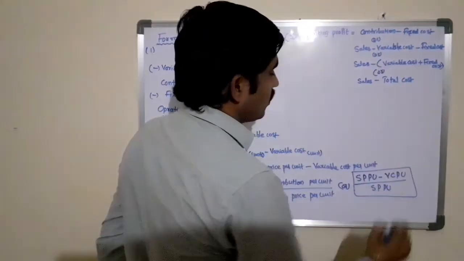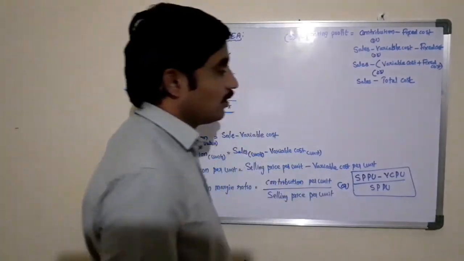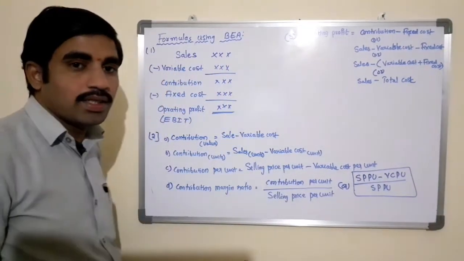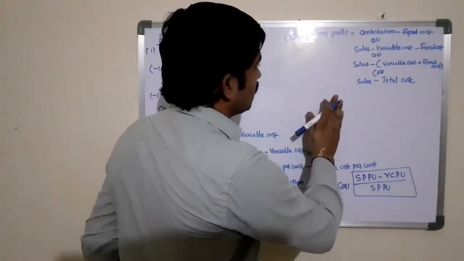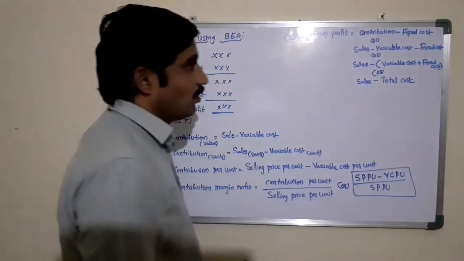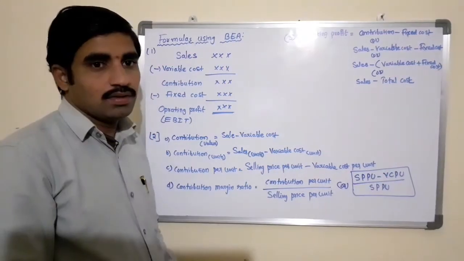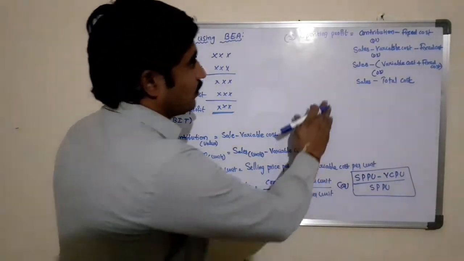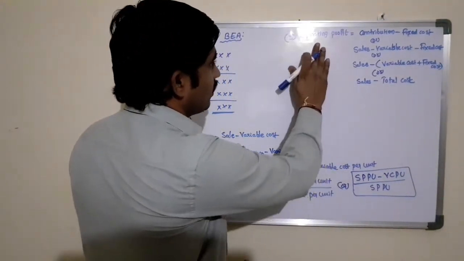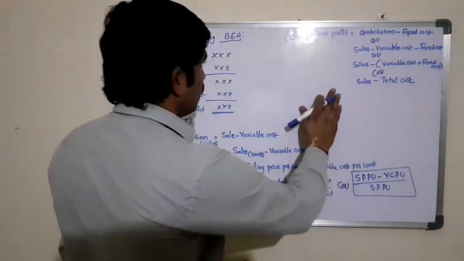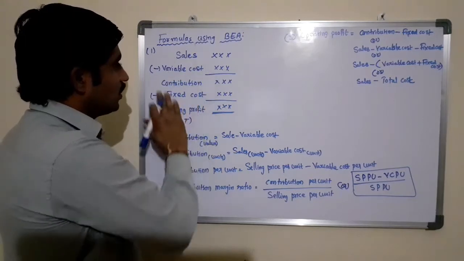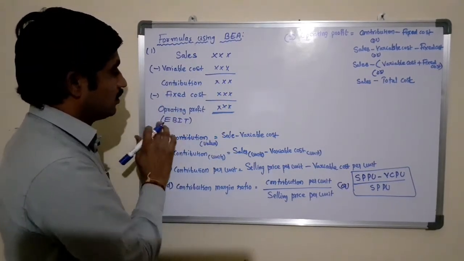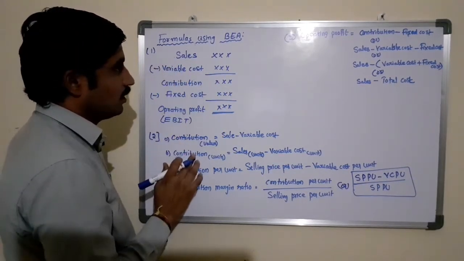So based on the data available in the question, we require to use any one of these equations to determine the operating profit. So these equations are ascertained by using this statement, that is contribution, operating profit, sales and all.